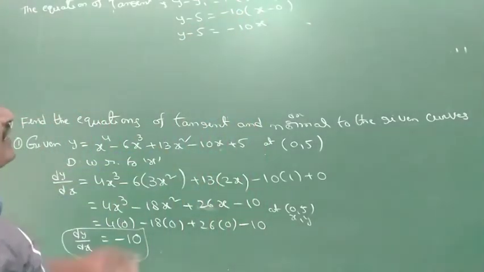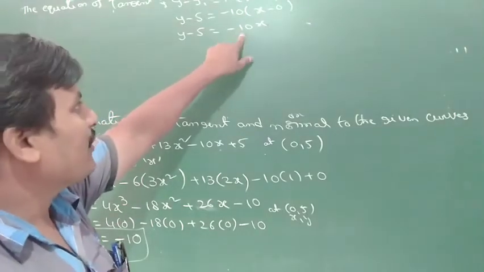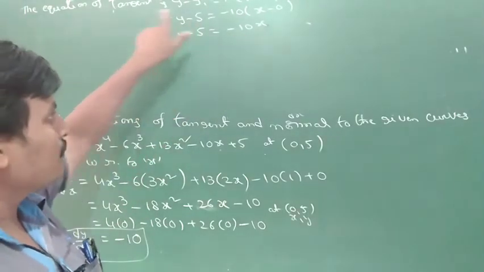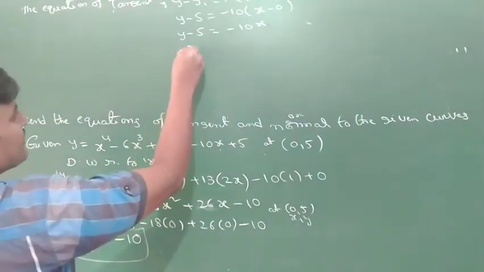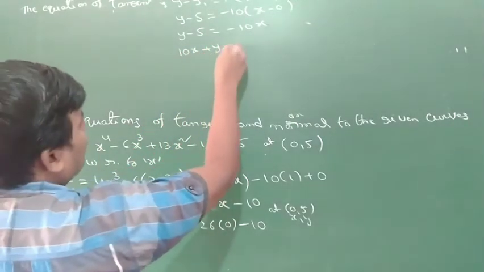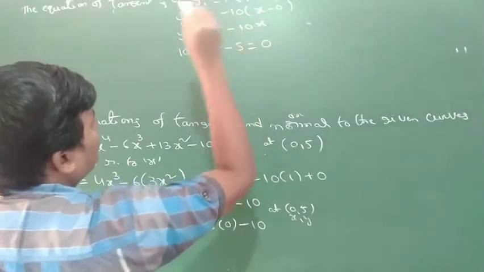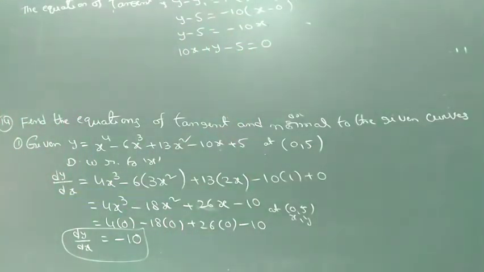Bringing it to the left side, 10x plus y minus 5 equal to 0.